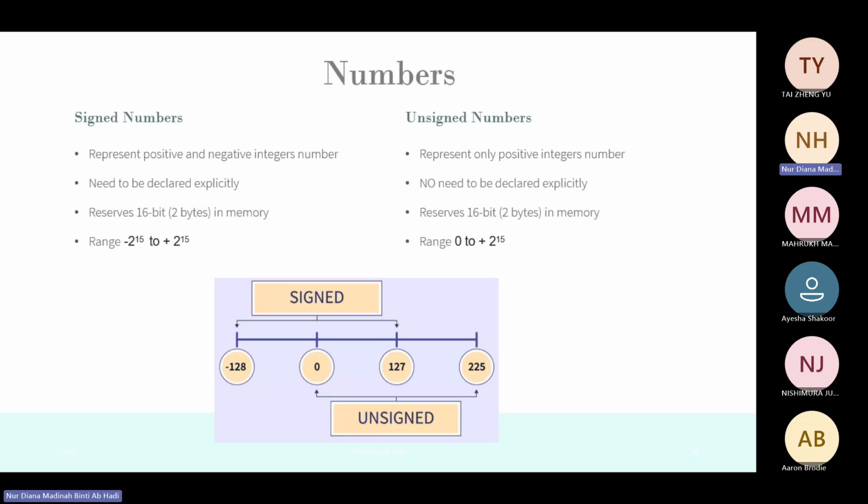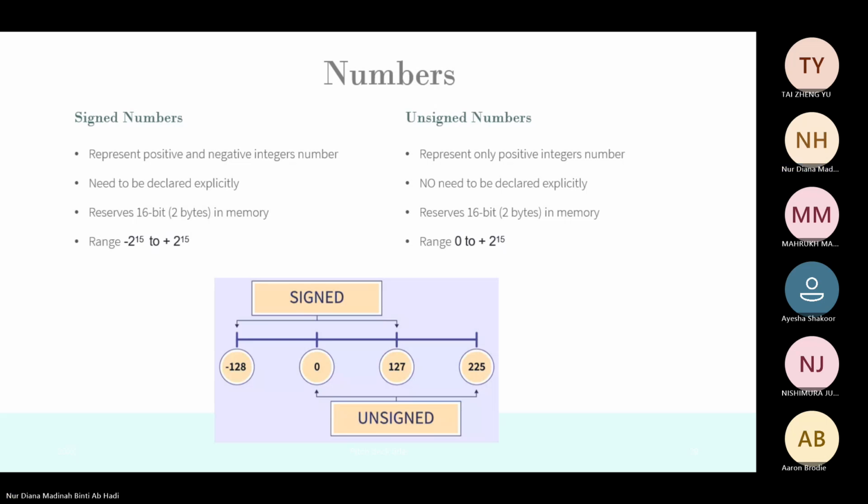Signed numbers need to be declared explicitly, while unsigned no need. And usually for the signed number you reserve 16 bits. 16 bits is equivalent to 2 bytes of memory, where 8 bits is equivalent to 1 byte.